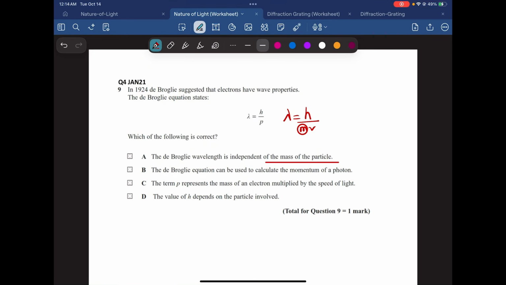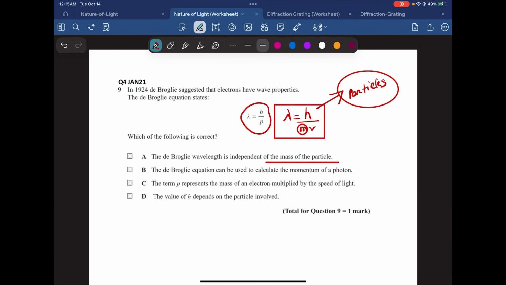This formula can be used for electrons or any other particles, and this formula can only be used for photons.